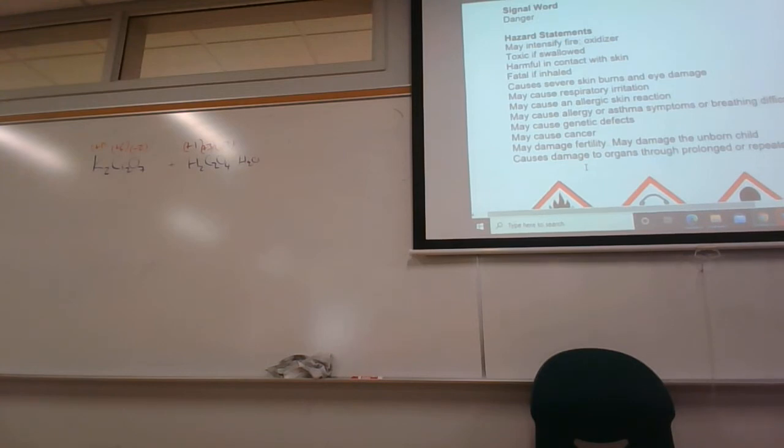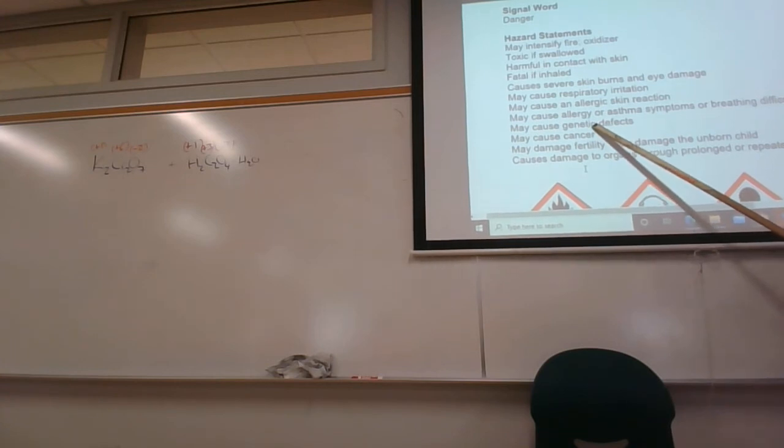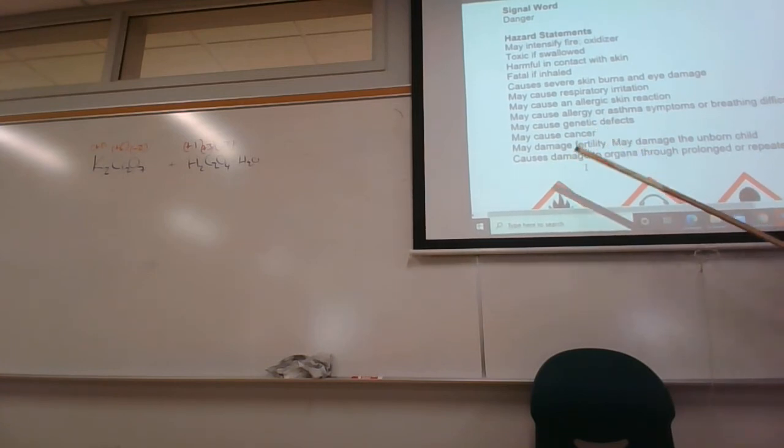So you probably don't even want to touch this stuff or be near this stuff, but we work with dangerous chemicals all the time. For example, gasoline. There are carcinogens in gasoline, there are mutagens in gasoline, things that cause genetic defects. But as long as you can handle those safely, then the risk from exposure to those is minimal because you aren't going to expose yourself to much of it. Well, the same thing here.